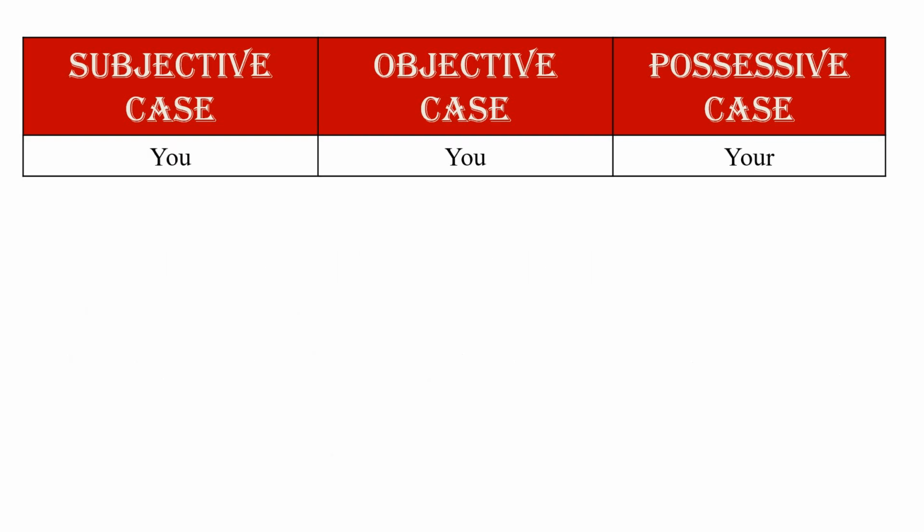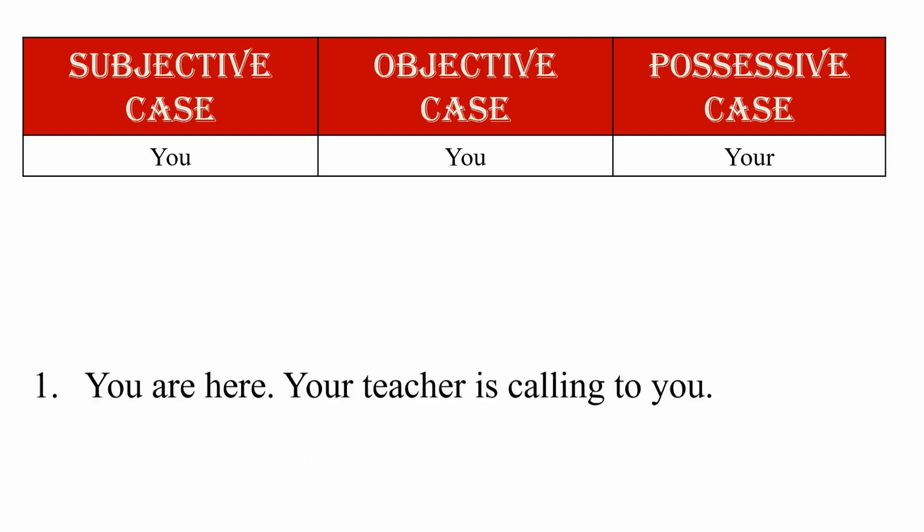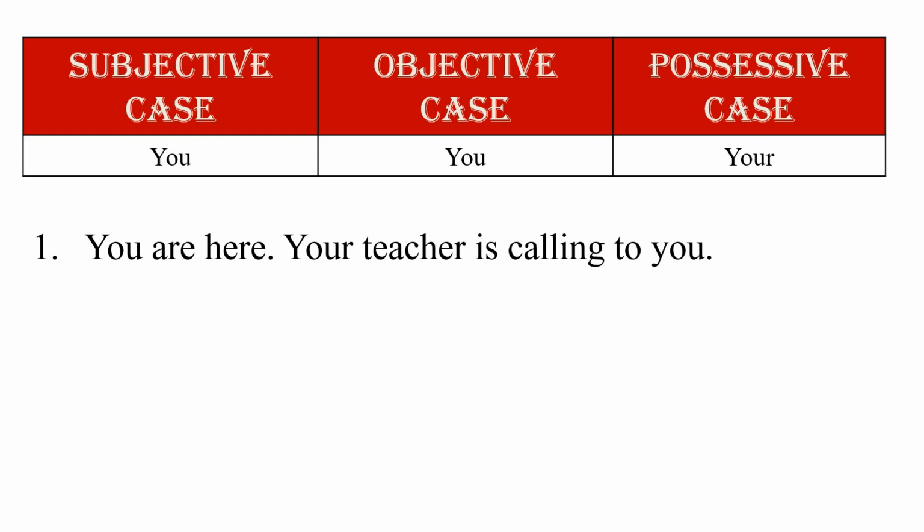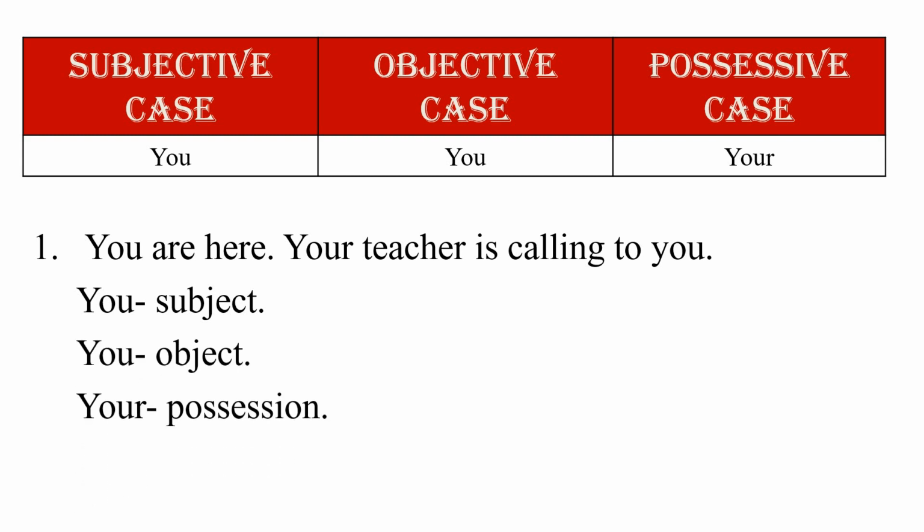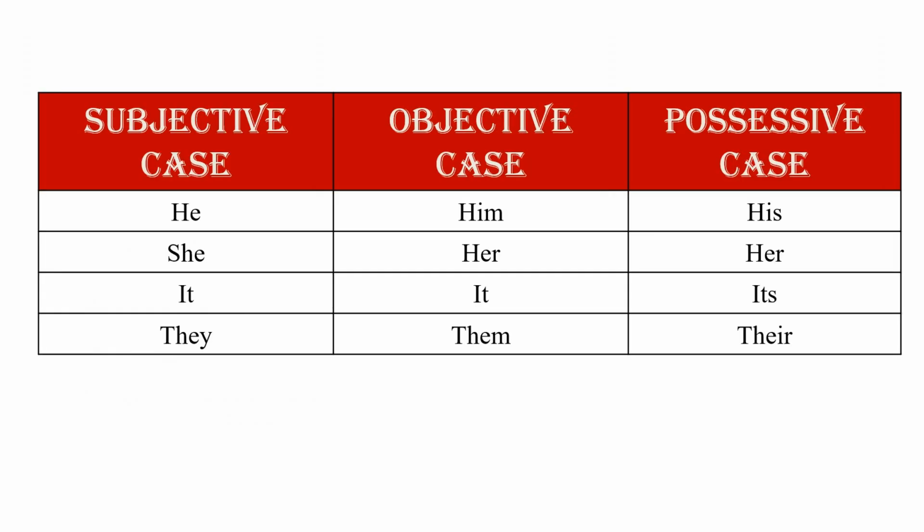Second person is you. You का objective case है the same, you, और इसका possessive case है your. You are here. Your teacher is calling to you. You is used at the place of subject and object both, and your shows possession. The same will be with he, she, it and they.